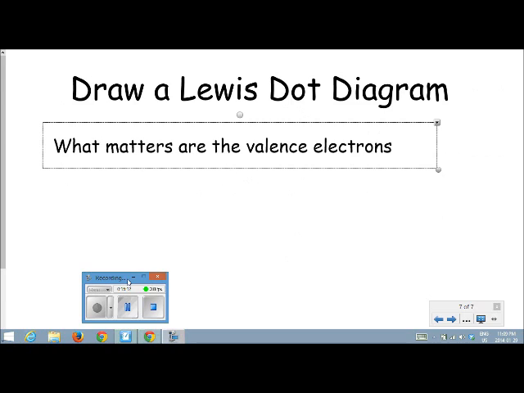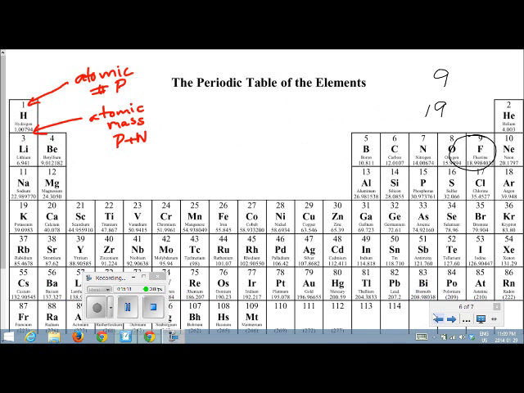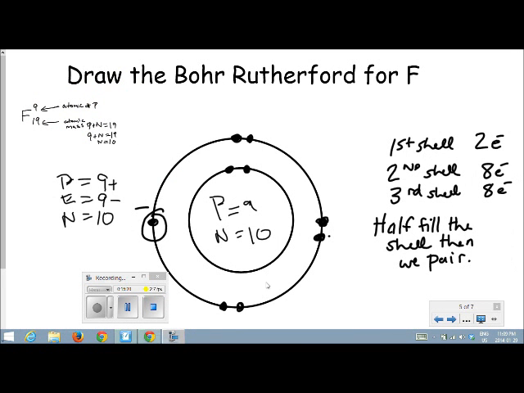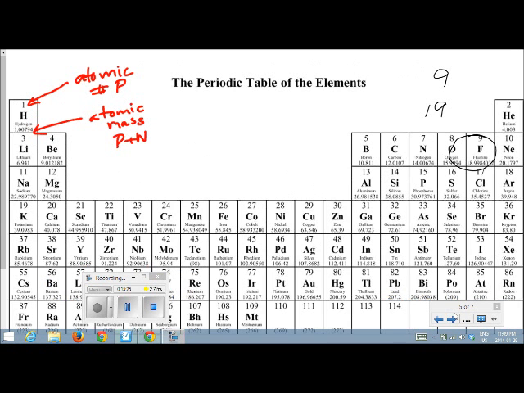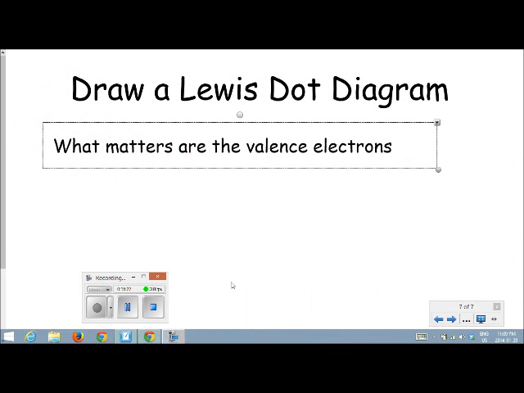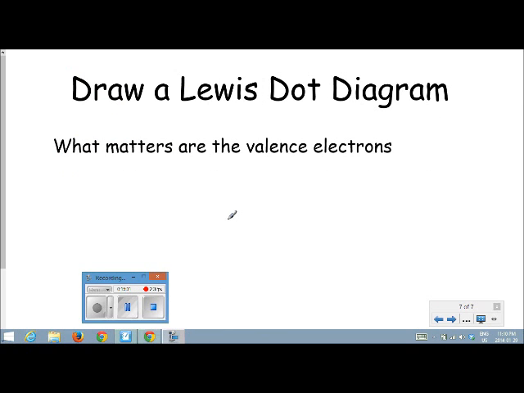So when we look at fluorine, all we have to do to draw the Lewis dot diagram, if you recall, is that we had 7 electrons in the outermost shell. So when we draw our Lewis dot diagram, we're just going to draw the outermost shell. We start with our element symbol, so we don't draw protons and neutrons anymore.